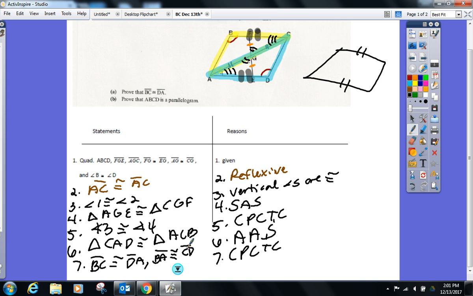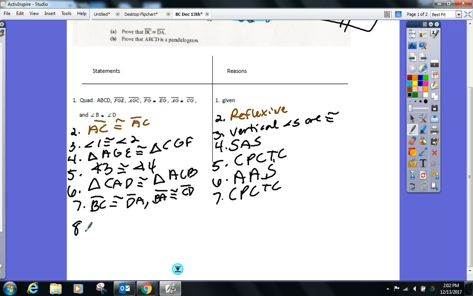And just to give you guys your own moment, you parallel people, how would you get that same side's parallel? We already know 3 and 4 are congruent, and they're what types of angles? Alternate interior implies parallel lines. Okay? So now we could say ABCD is a parallelogram.